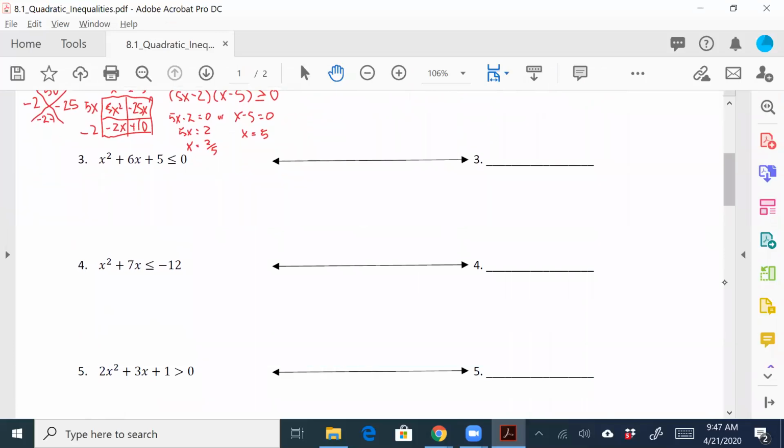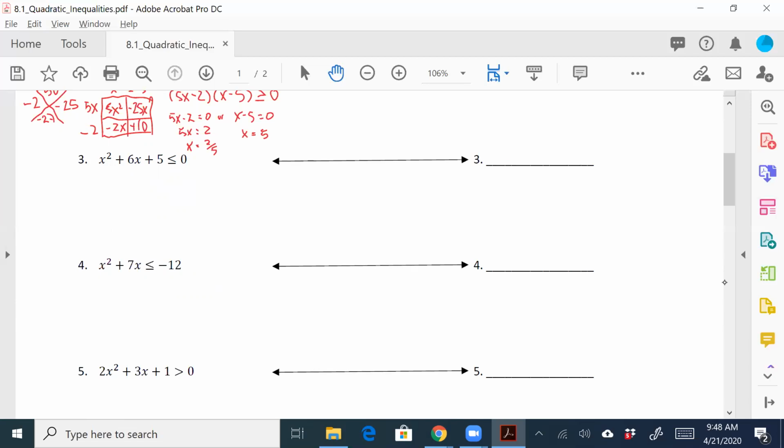So let me ask you a question here. On number 4, what would be your first step to solving this problem? Can I ask that to Valentina? Maybe pass the 12 to positive.